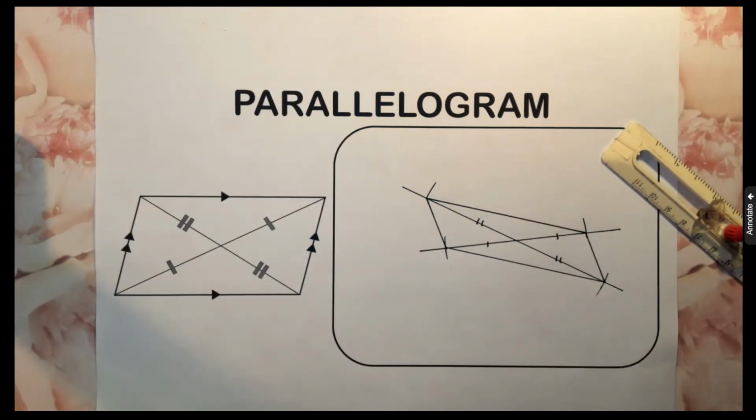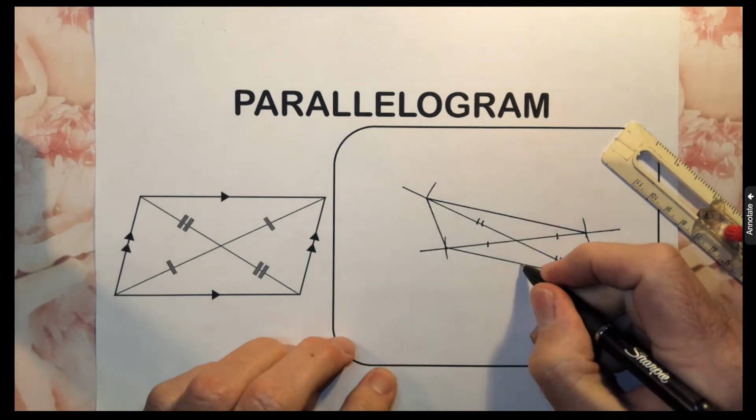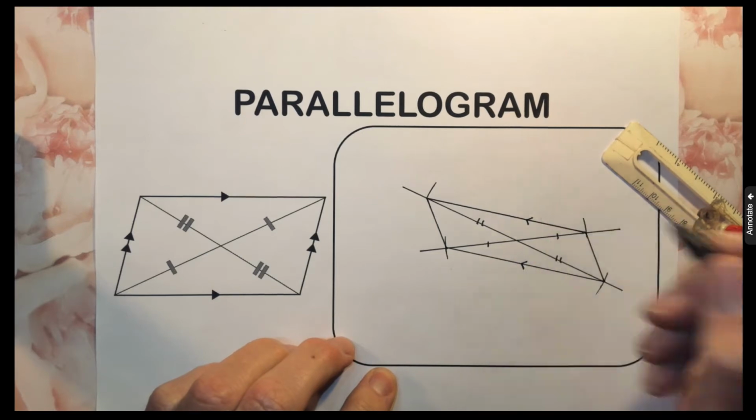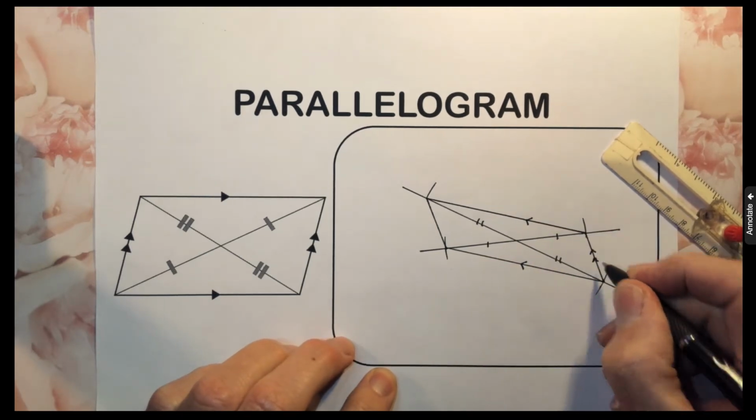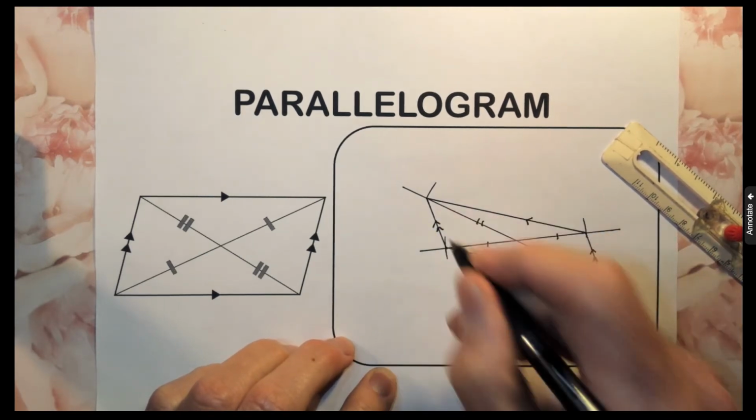So there it is. I just used the diagonals to make a perfect parallelogram. This side is parallel to this side, and this side is parallel to that side.